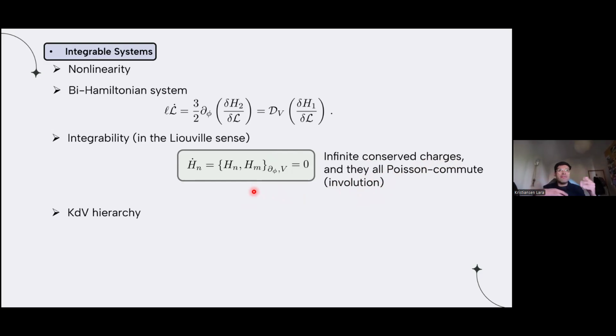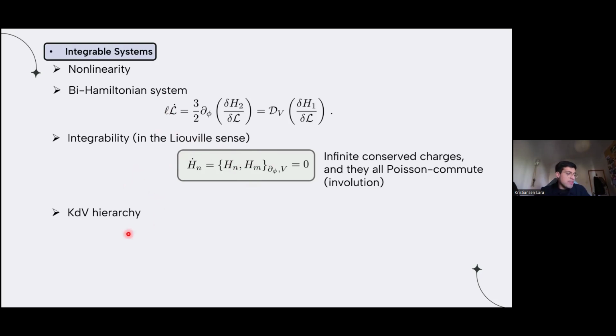Here, we are working in a field theory context, so we will have infinite degrees of freedom. So basically, to solve the associated integral of motion, you will need infinite conserved charges. So that's the heuristic definition of integrability in the Liouville sense. And it borrows some elements of the definition in finite phase space.